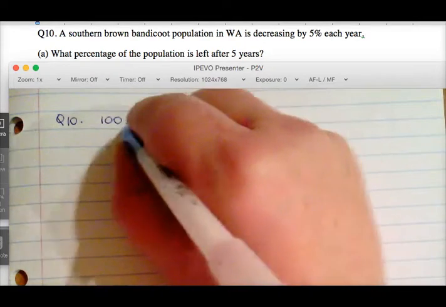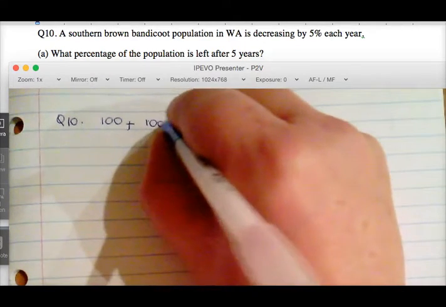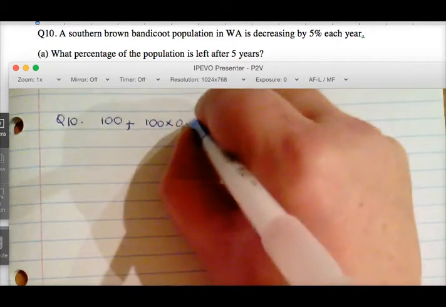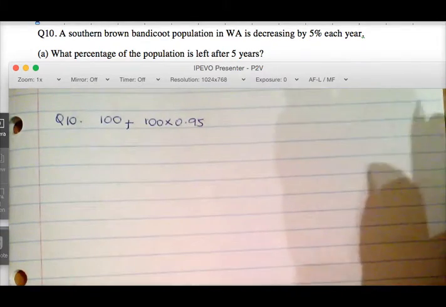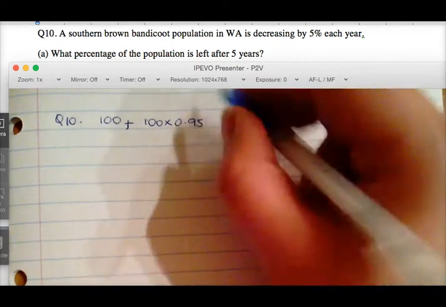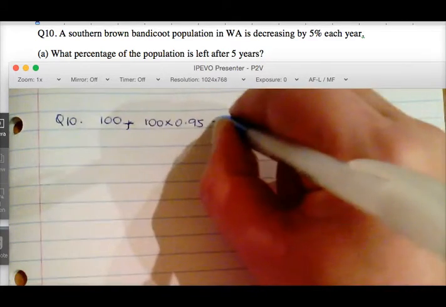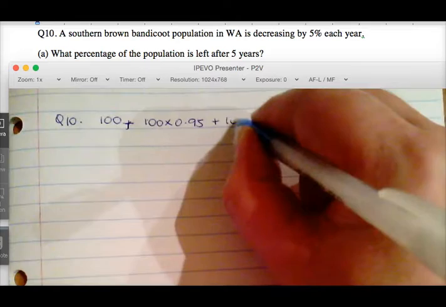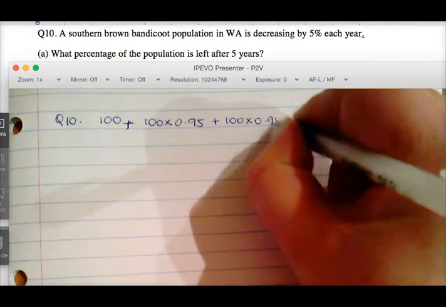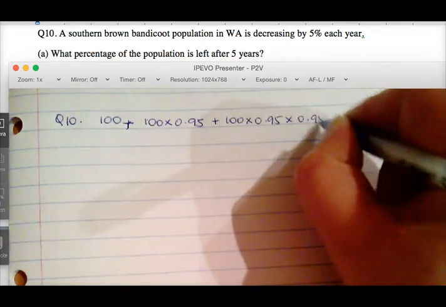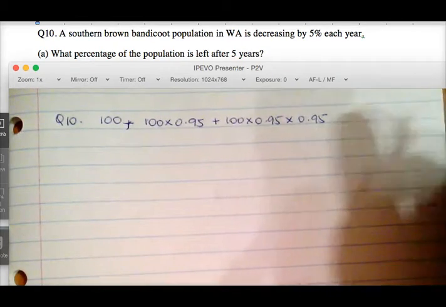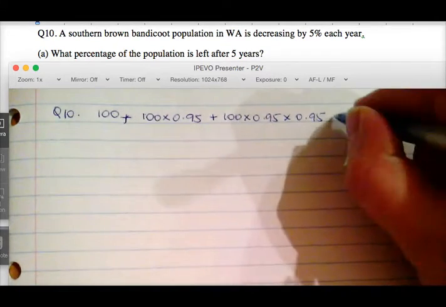So remember, it's 100 times, if you want to decrease by 5%, you times it by 95% or by 0.95. The third term will be whatever that is, times another 0.95, so reduce it again by 5%, and so on.